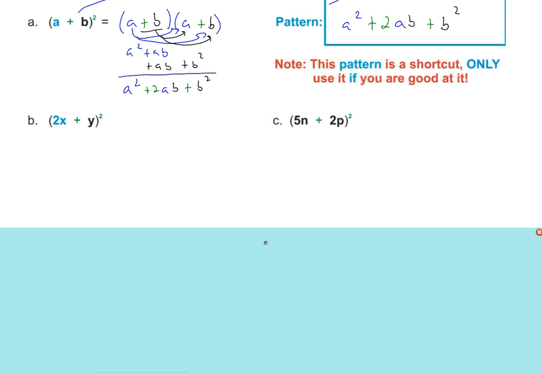Kirsten? Okay, that is correct. Let me use blue. I'm not going to skip a step. In this case, the a is the 2x, and therefore it's the 2x squared. Kirsten already multiplied it out and said 4x squared, right? Because the front thing is a 2x, so the front a is a 2x.